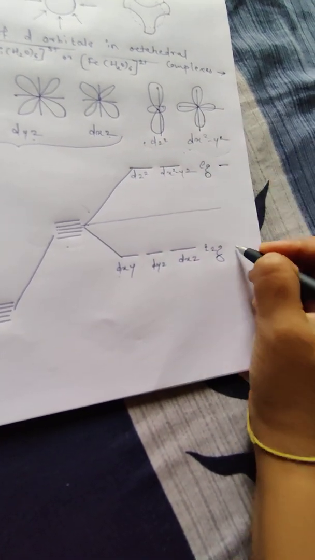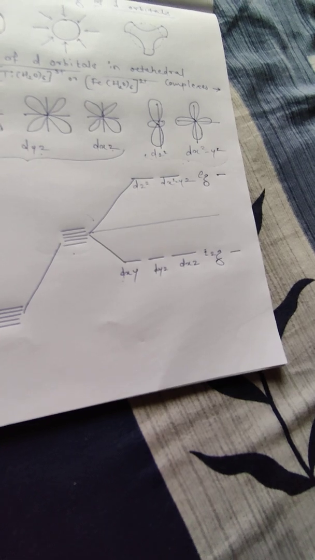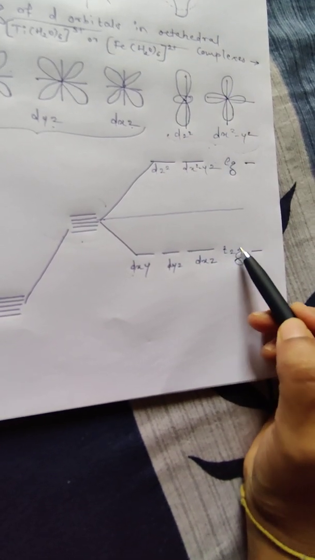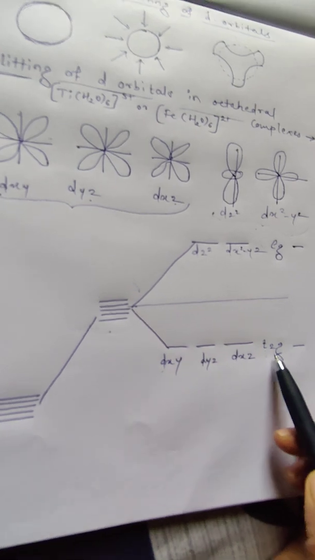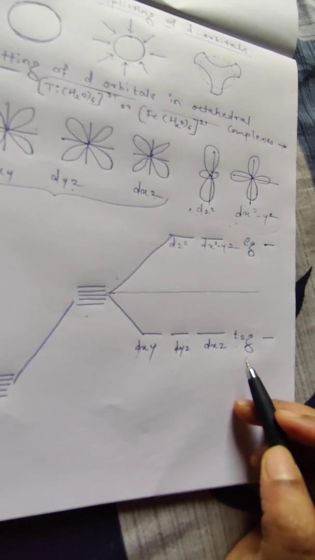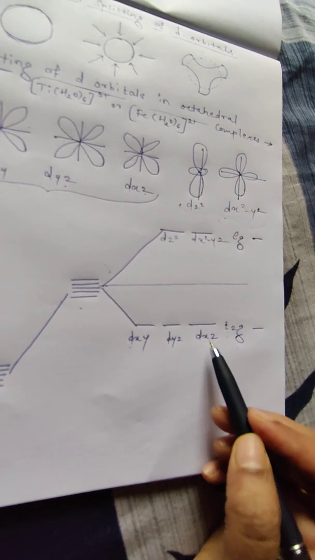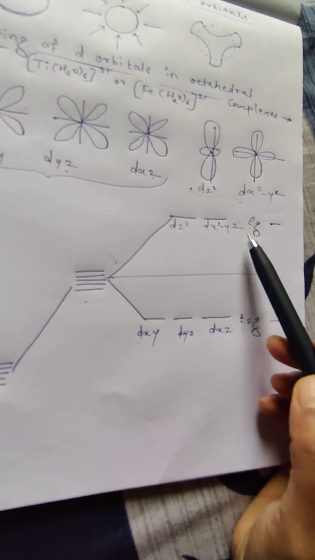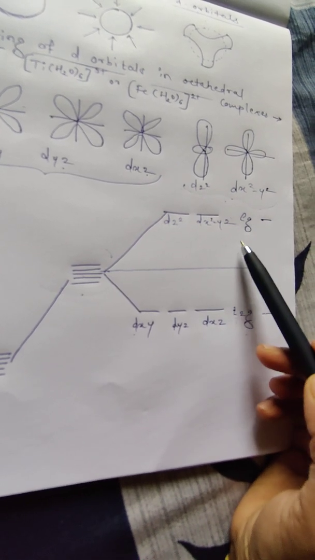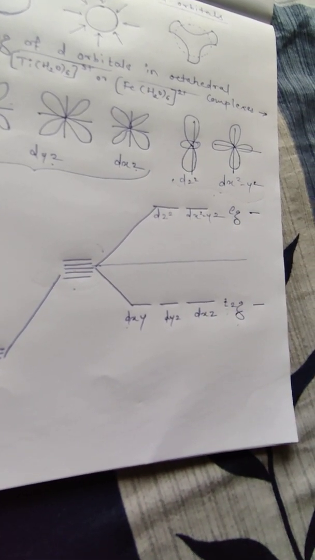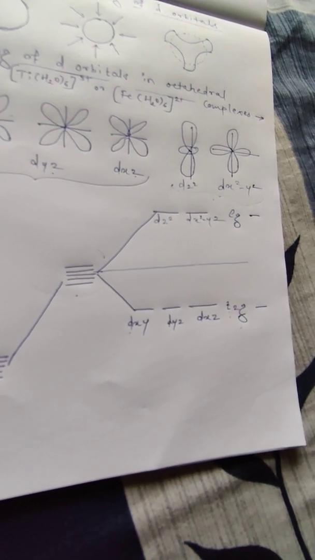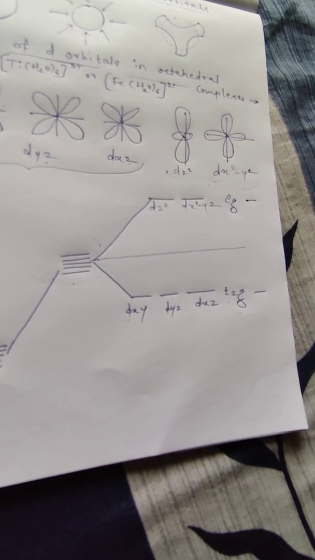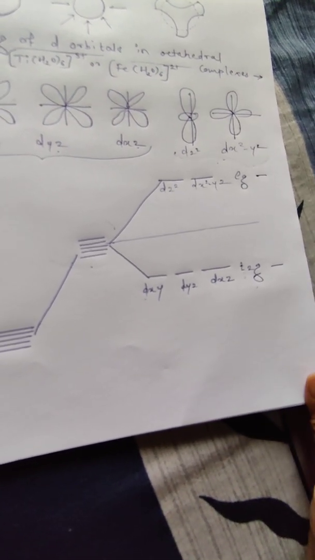Now the symbol T2 is used for triply degenerate d orbitals: three d orbitals, so triply degenerate means T2, and doubly degenerate orbitals means E. Now what is this g? g stands for gerade, meaning centrosymmetry. The g factor is only used when the complex has a center of symmetry, just like an octahedral complex. Now what is this center of symmetry?